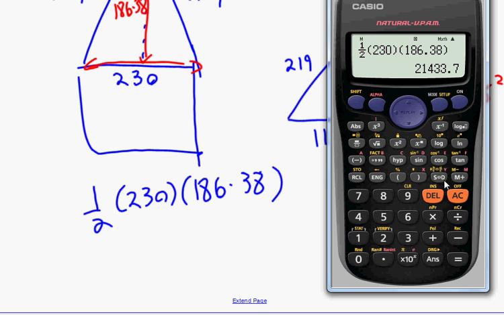There's 4 triangles, so multiply by 4 to get the 4 triangles. How many significant figures did you want again? 2. 86,000. You have to round it off to 2 significant figures.